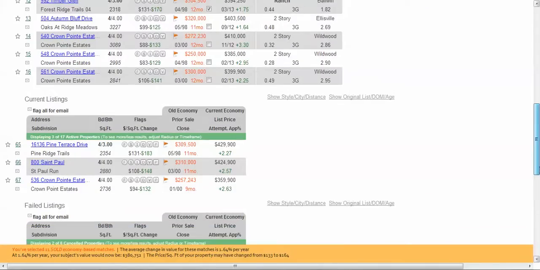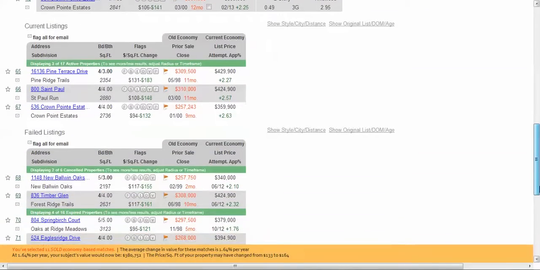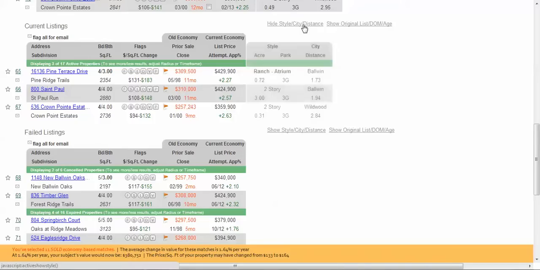Now we're going to move down just a little bit lower, and let's say there were no sold properties, and you want to discover what we call active Bryan comps. And you can see there's other houses that are for sale in the area that were purchased around the same time for around the same dollar amount that are attempting to sell.